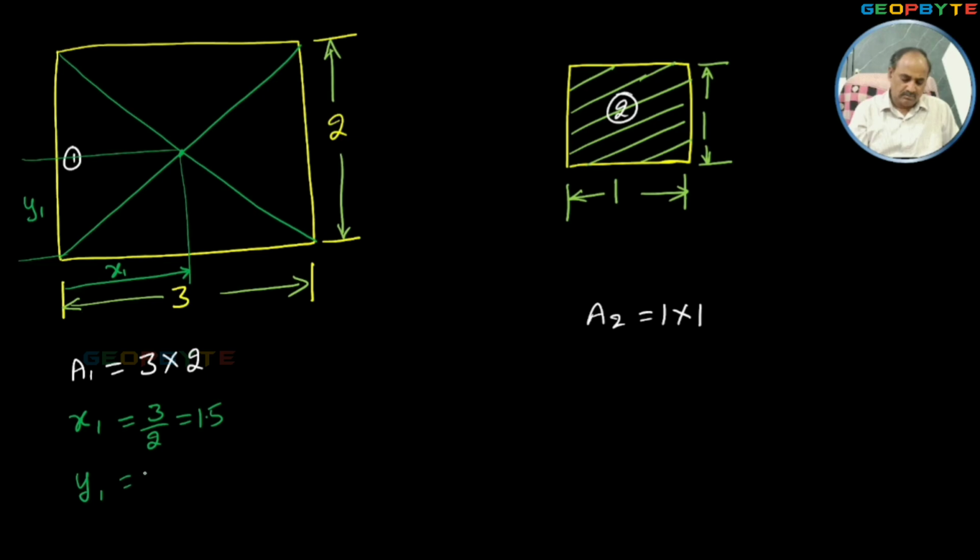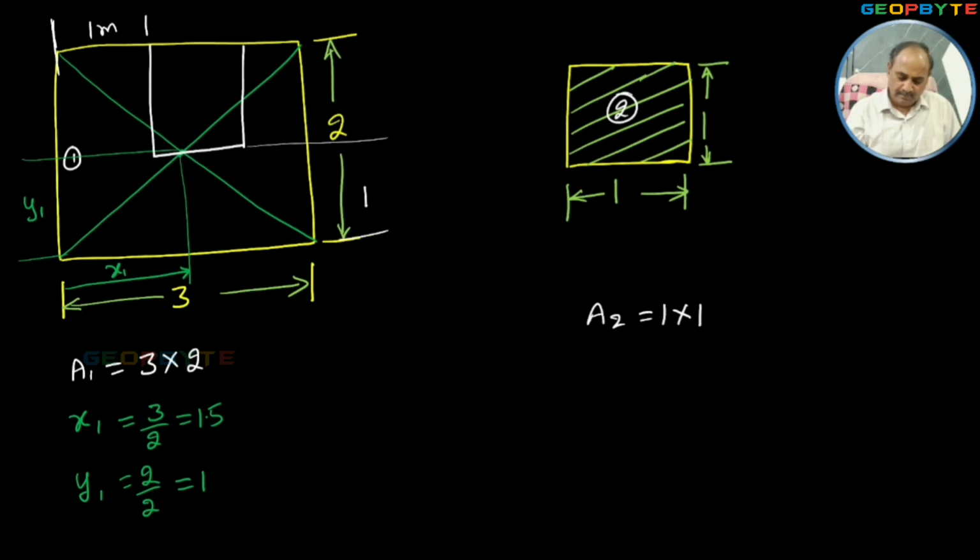Next, y1 equals 2 by 2, which is 1. Now I am marking the cavity in block 1. So this is the cavity. This cavity is at a distance of 1 from the left end, and from the bottom also it is at a distance of 1, just with respect to units.